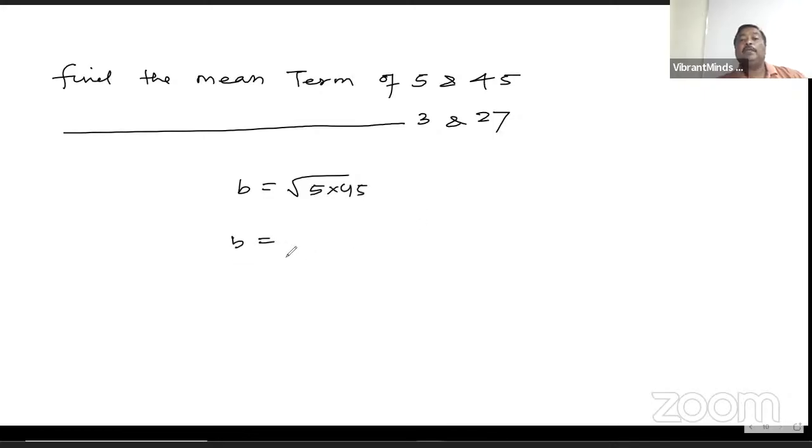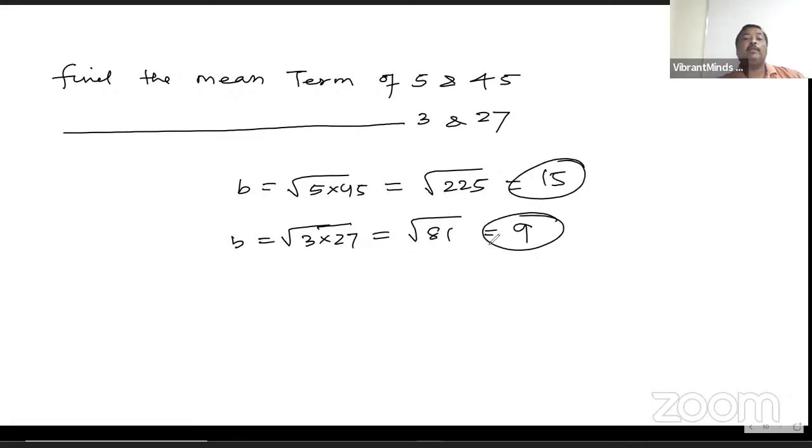In the same way, B is equal to under root 3 into 27. Now see, this is what? Under root 225. This is what? Under root 81. What will be the value? 15. What will be the value? 9. So did you get my point? How to do it? And this is a very common question which comes in the CRT program. Clear?